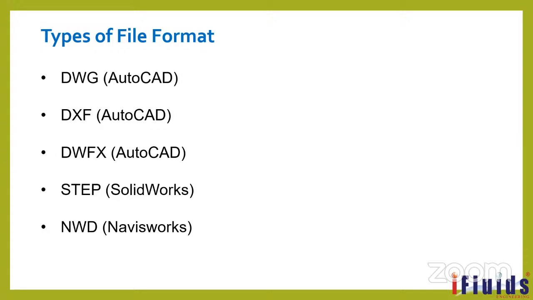By seeing the file itself, we can identify the format. DWG means AutoCAD, DXF is also an AutoCAD file format, DWFX is also AutoCAD with a minor difference. STEP is for SolidWorks, and NWD is for Navisworks. We are going to see in detail each type of drawing with its software.